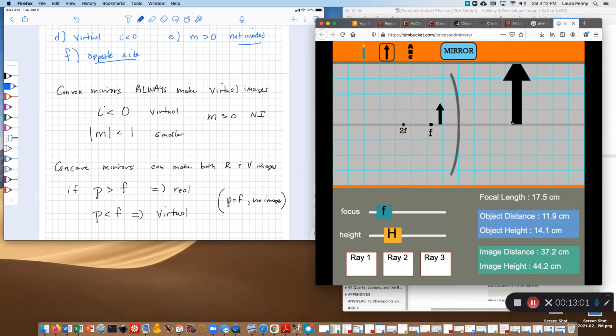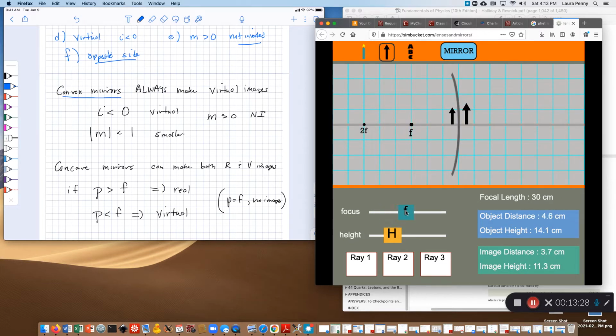We could go through and play all different games here and try all different combinations, but I will cut to the chase and tell you that it turns out that for a convex mirror, no matter how far away I put my object, I always end up with a virtual image. It gets smaller and smaller the further I put it away, and it tries to get larger as I get closer.